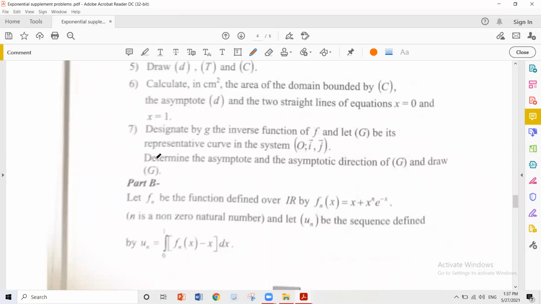The last part, 6: calculate in square centimeters the area of the domain bounded by C, the asymptote D, and the two lines of equation x = 0 and x = 1.